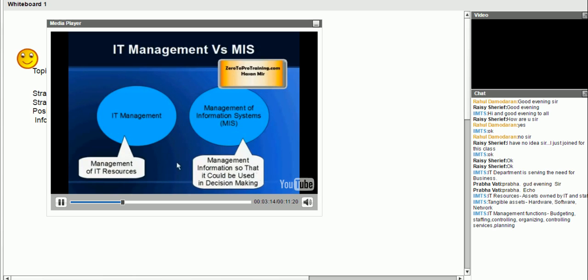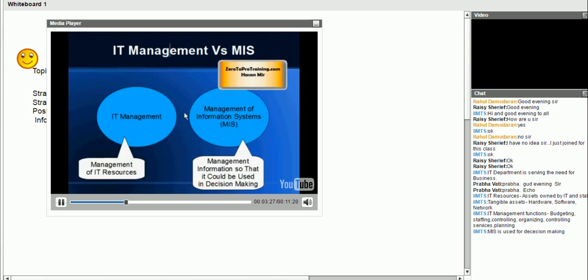So in short, IT management is about managing IT resources, and MIS, or management of information systems, is about managing information. So the field of MIS would entail studying applications and other means of providing better decision-making systems to the business, while the field of IT management entails everything that is related to managing IT resources.